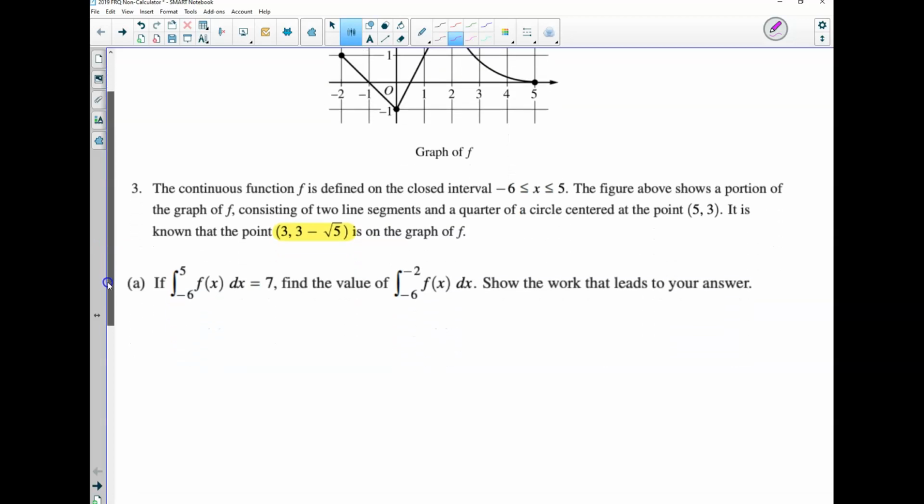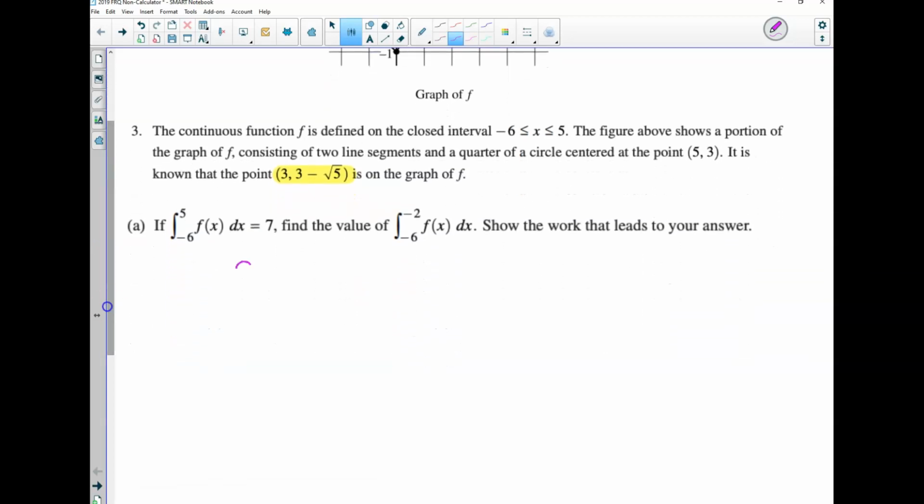I said, well, the integral from -6 to -2 of f of x dx equals my integral from -6 to 5 of f of x dx minus my integral from -2 to 5 of f of x dx.